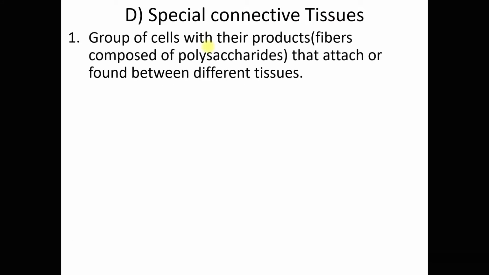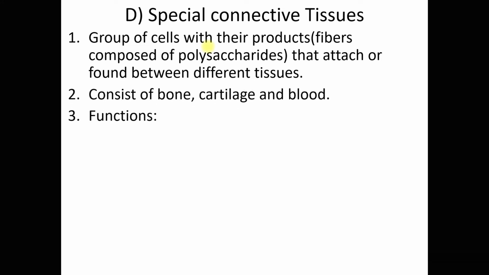Alright, special connective tissues. So these are a group of cells with their products that attach or are found between different tissues. The products of these special connective tissues are fibers composed of polysaccharides.